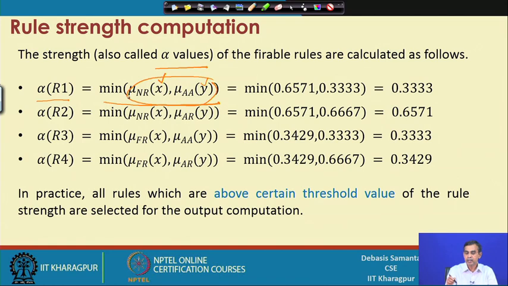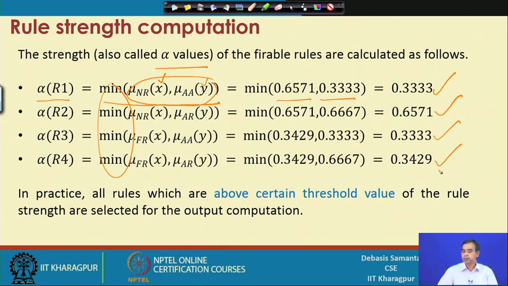In the current context, mu nr(x) can be calculated as this one and mu a(y) is also calculated as 0.33. Taking the minimum gives the rule strength of the first rule. Likewise, the rule strength for the second rule can be calculated from this one and this one, taking the minimum of the different membership values belonging to the different states corresponding to a particular input.